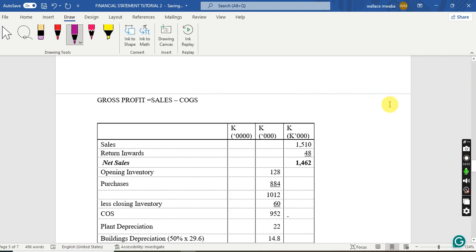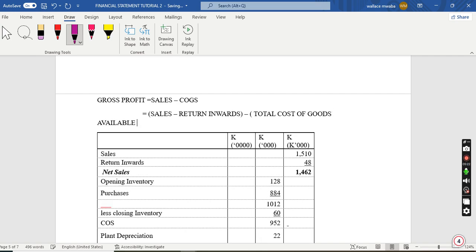So the cost of goods sold, if we break this formula down, is the total cost of goods available for sale minus the closing inventory.